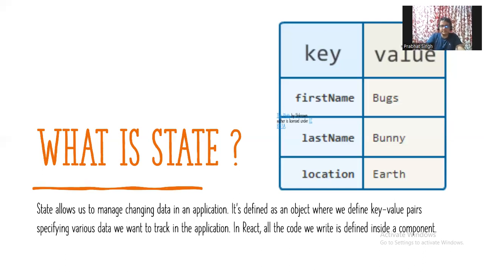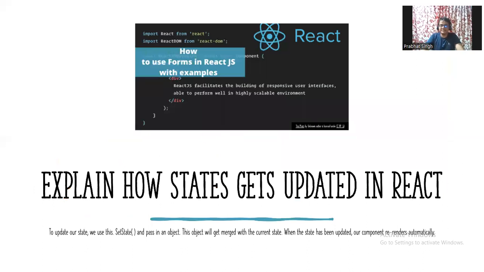Now next is to explain how state gets updated in React. It's not a deep concept. Many developers also do not deep dive into how React manages it. React simply gives a small term known as useState.